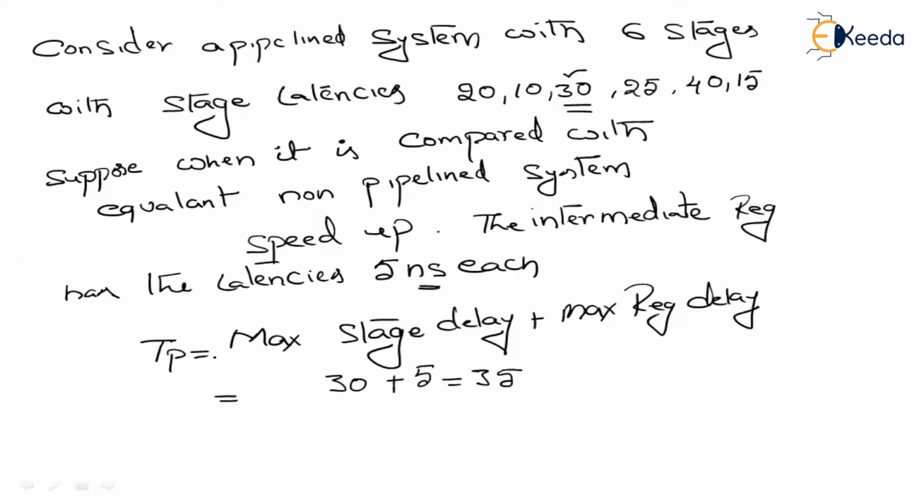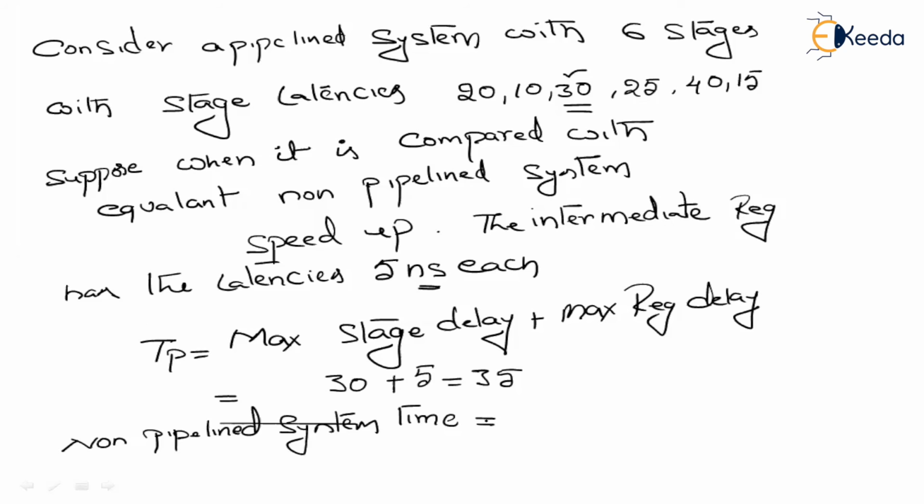Now, in a non-pipeline system, the non-pipeline system time is equal to, you know that non-pipeline system is a mixture of all the stages of a pipeline system. You add all these things. That is 20 plus 10, 30, 30 plus 30, 60, 60 plus 25, 85, 85 plus 40 is equal to 125, 125 plus 15 is equal to 140.